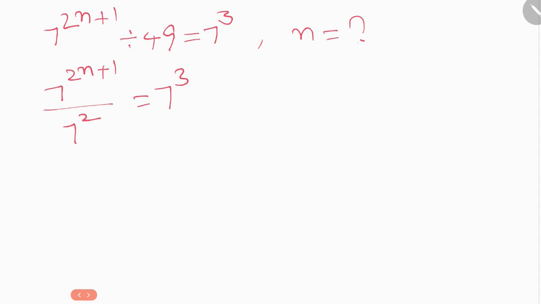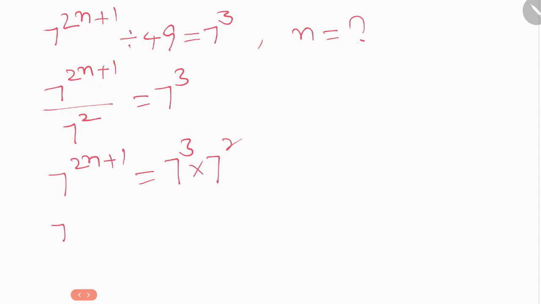Here normally there is transposing. Here 7 square is in division form. If you transpose it to that side, what happens? It multiplies. That means 7 power 2n plus 1 is equal to 7 cube into 7 square. This 7 square we transpose to this side, and it becomes multiplication.